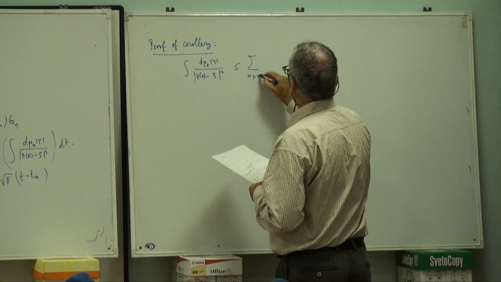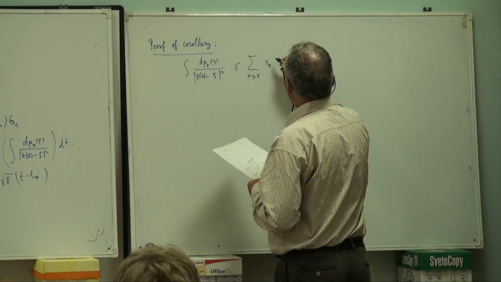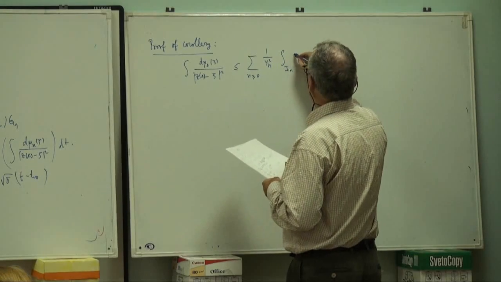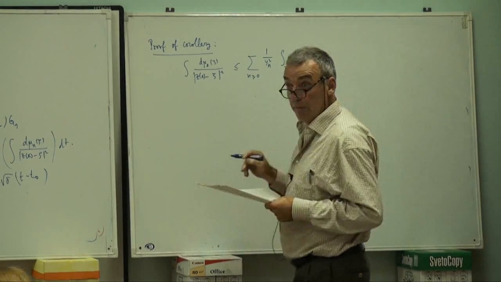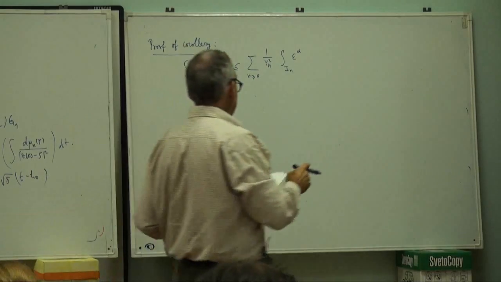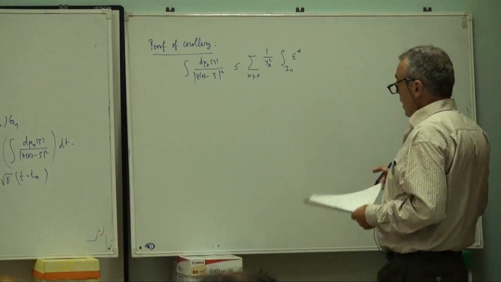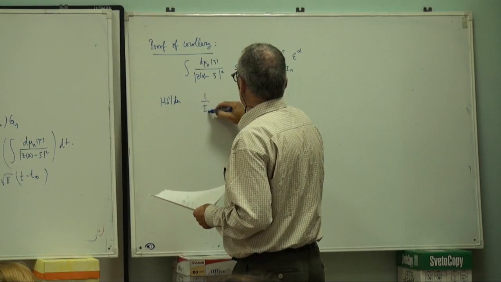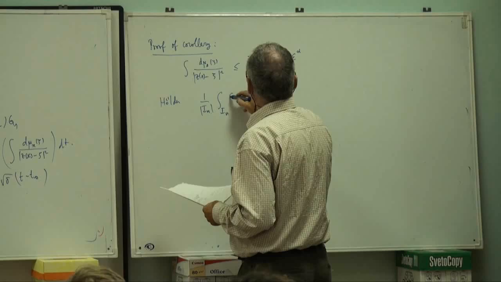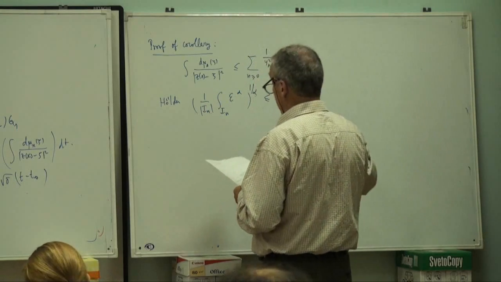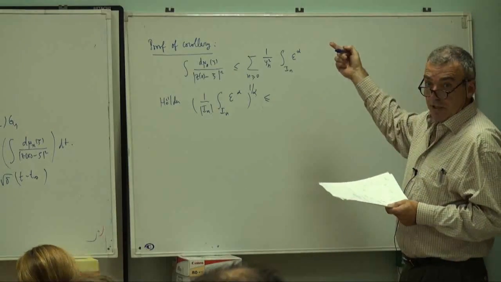So this is less, so I mimic what I have written there: the sum from n greater than 0 of yn, 1 over yn squared, integral over In, and then I have epsilon to the alpha, okay? Because I am with the Hastings-Levitov HL alpha, okay? So the d mu is epsilon to the alpha d zeta. And now I use Hölder. So this means that 1 over In, integral over In of epsilon to the alpha to the power 1 over alpha is less, well, the Lp norms are increasing, that's what I use.